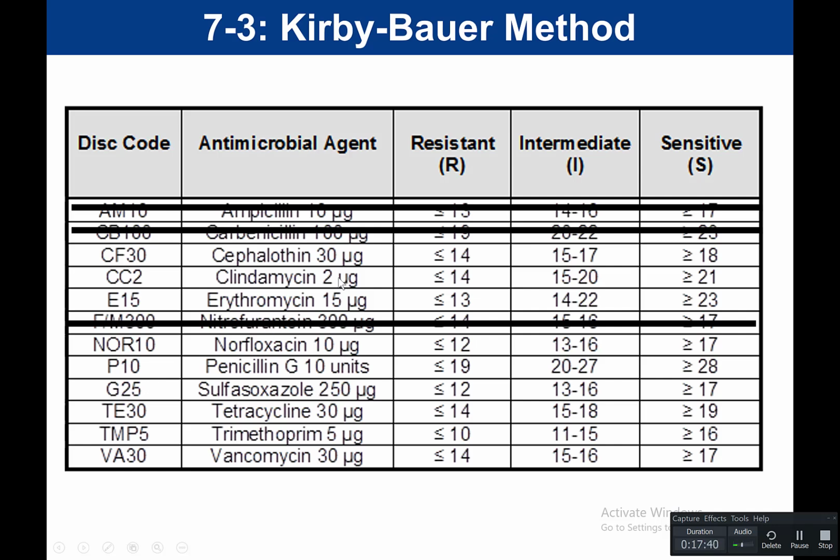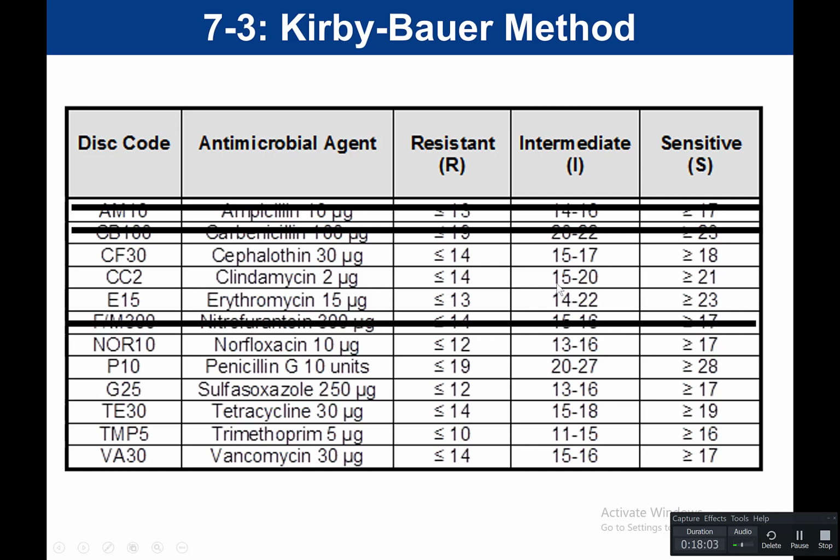So for example, if I'm looking at clindamycin, if it's less than or equal to 14 millimeters in terms of my zone of inhibition, then I would say that the bacteria are resistant to that drug, right? That clear zone is very small, and therefore the bacteria are resistant. There's no effective dose that can be used.